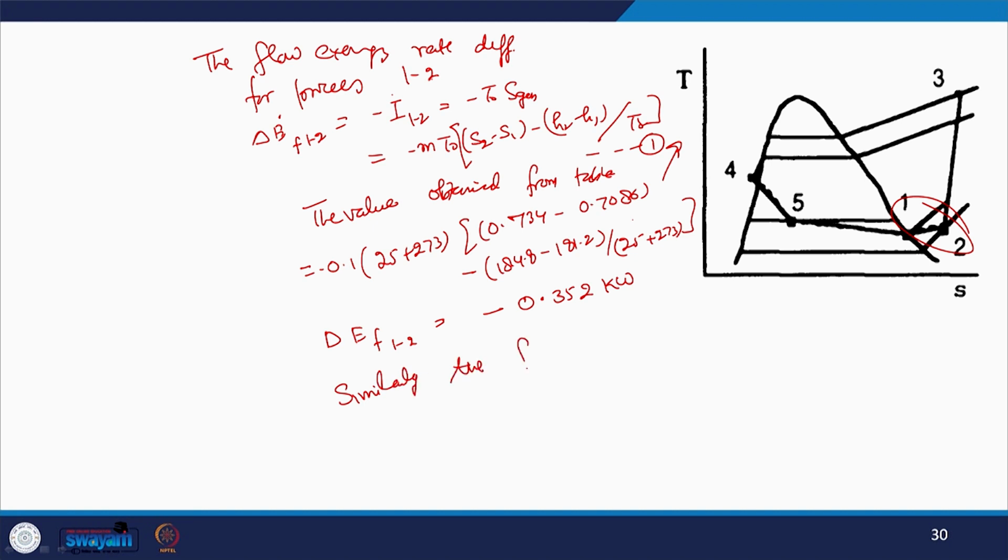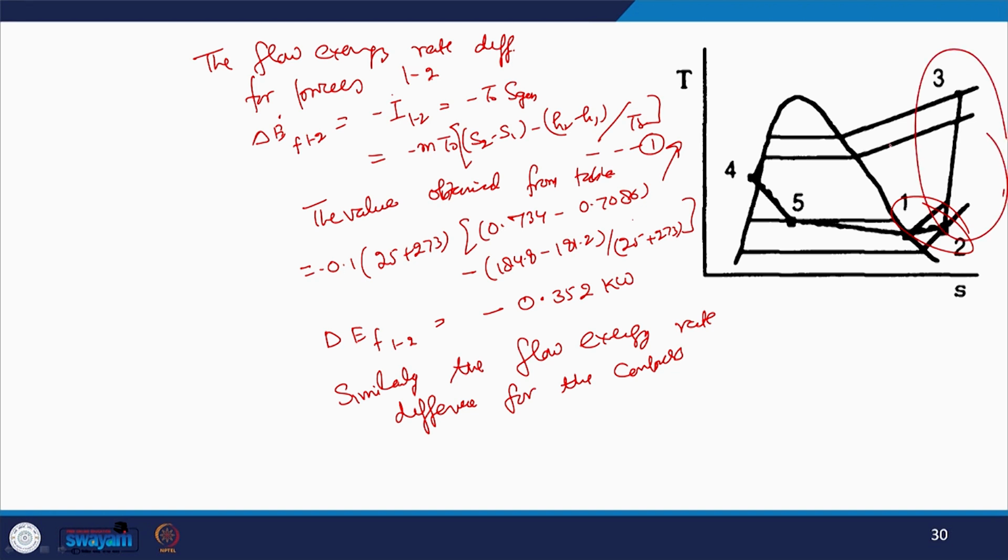Now similarly, the flow exergy rate difference for the compressor, that is from 2 to 3.